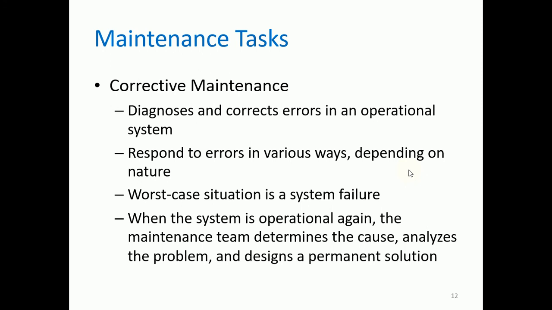Why did the system fail? When the system is operational again, the maintenance team determines the cause of the system failure, analyzes the problem, and designs a permanent solution so that the failure will not occur again. So that is corrective maintenance.